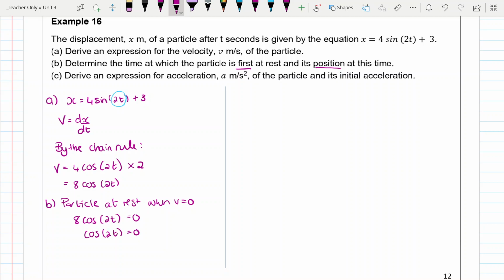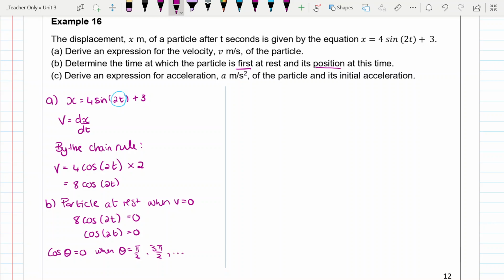And now we need to remember our trig rules. So we know that cos of theta equals 0 when theta is pi on 2. Remember, cos follows the x-axis, so it will be equal to 0 on our y-axis. Pi on 2, 3 pi on 2, etc., etc.